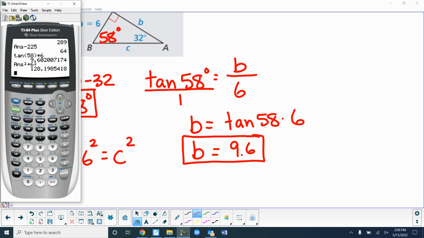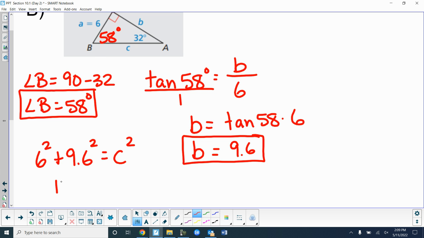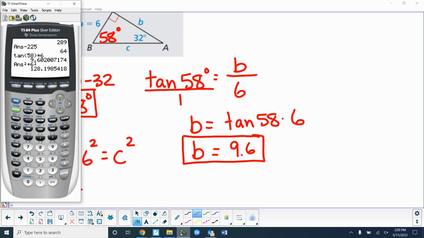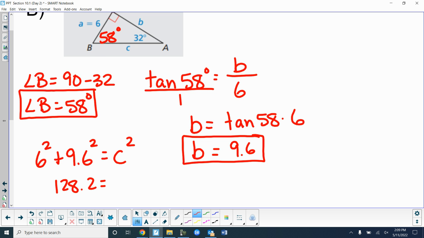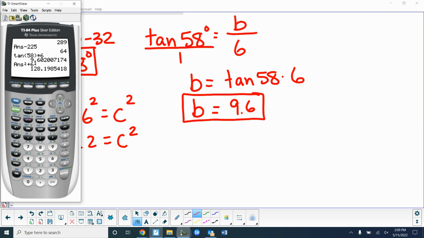That's 128.198, or 128.2, let's say. Then I take the square root to find C. Going back to my calculator, I hit second, square root, second answer, and I get 11.3 for C.